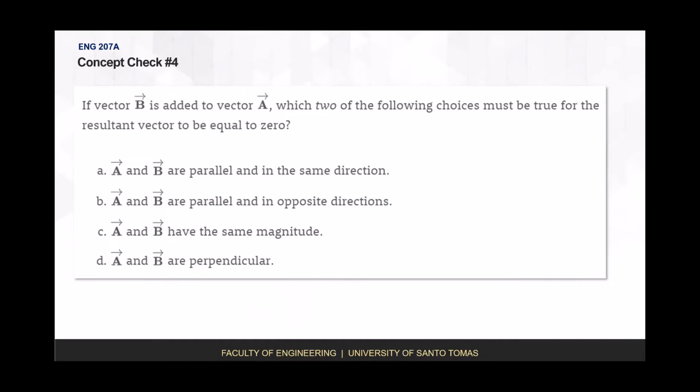Which of the two following choices? Two choices. So I only see B. So okay, let's select B: A and B are parallel and in opposite direction. That's correct. What's the other one? A and B have the same magnitude.